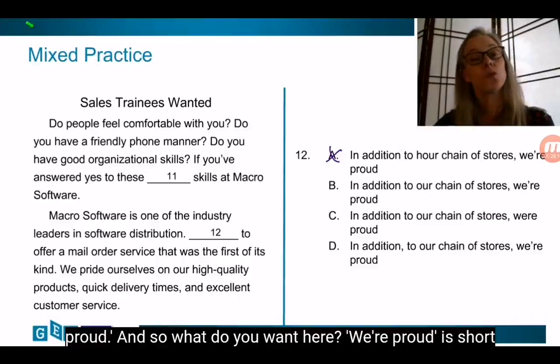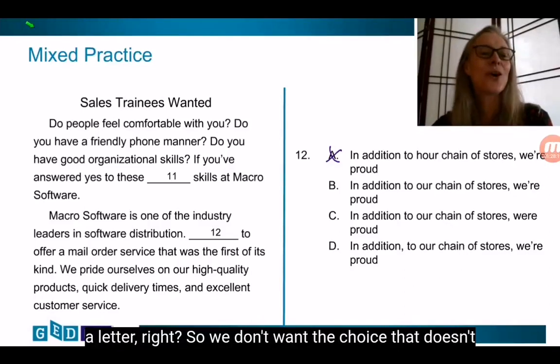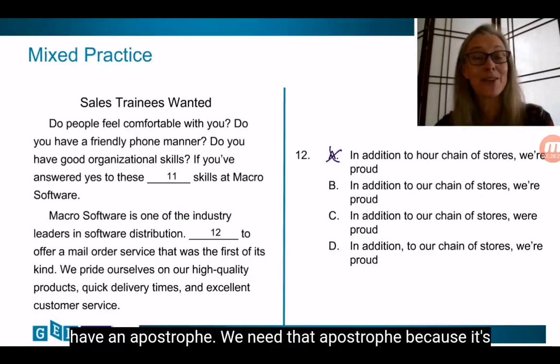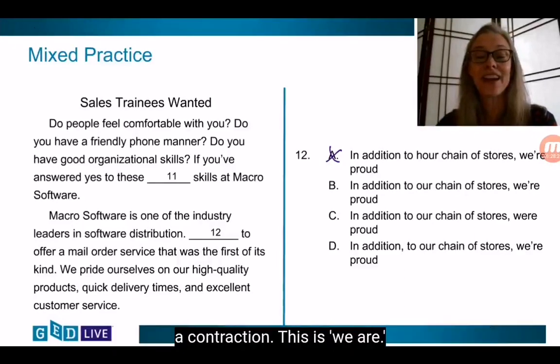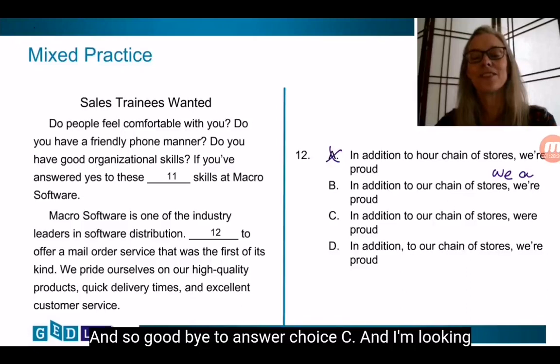And so what do you want here? We're proud is short for we are proud. It is a contraction. It's missing a letter. So we don't want the choice that doesn't have an apostrophe. We need that apostrophe because it's a contraction. This is we are. And so goodbye to answer choice C.